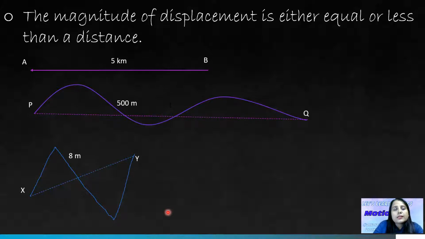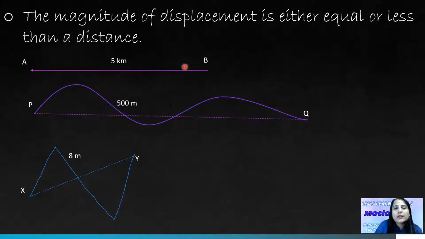Okay, now let's follow the slides so that your understanding will be more clear. Now consider these 3 cases. The magnitude of displacement is either equal to or less than distance. As I said, displacement can never be more than the distance. How is it happening? Let's see here. Now suppose a body moves from point B to point A. It's covering a straight line path. So the distance is given as 5 kilometers.